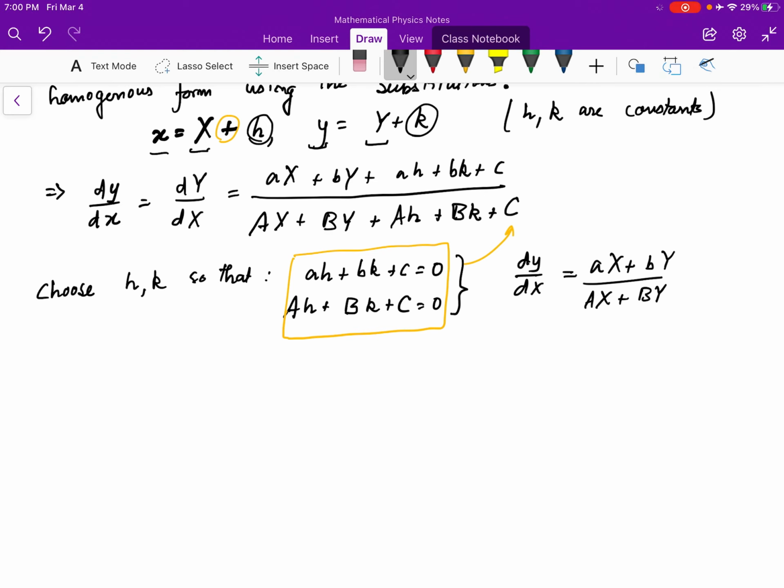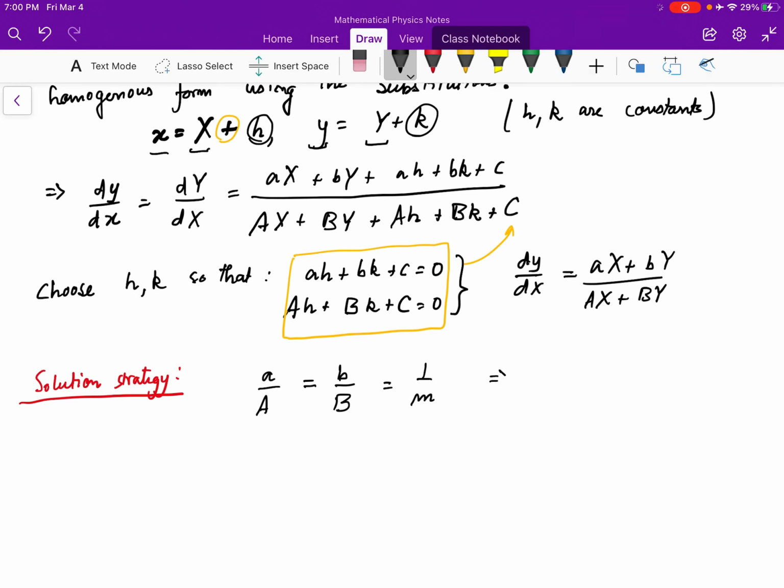Now, we need to do this problem in a way that we can solve it. So now we see that the way to solve this problem is the solution strategy. So let's take this example: small a upon capital A is equal to small b upon capital B is equal to 1 upon m.